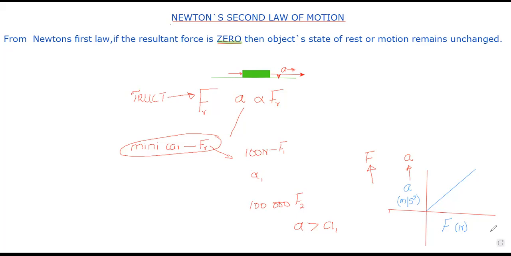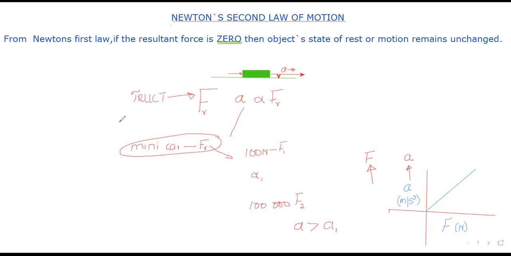He also realized that acceleration is inversely proportional to the mass. Meaning that when the mass is big, like the mass of a lorry compared to the mass of this mini car, the mass is big here.